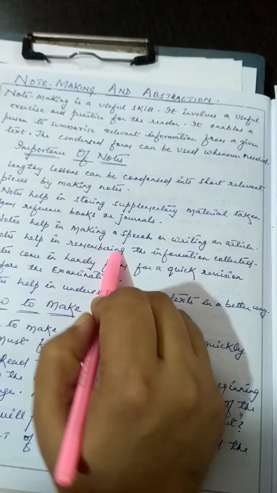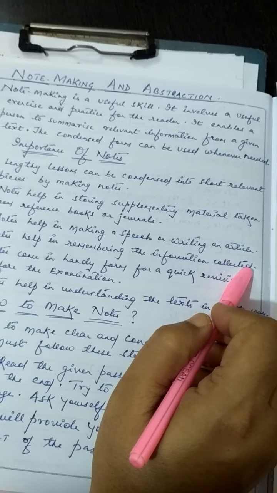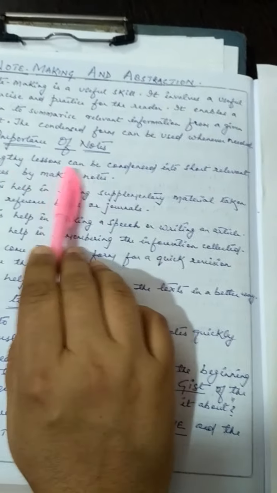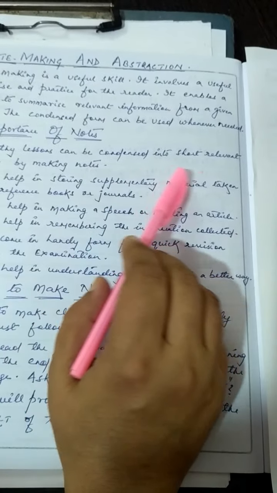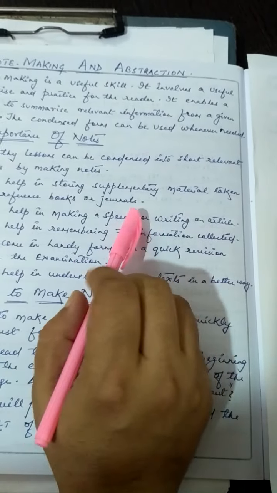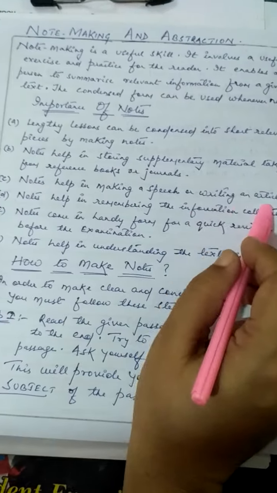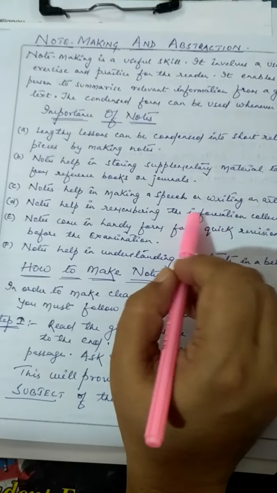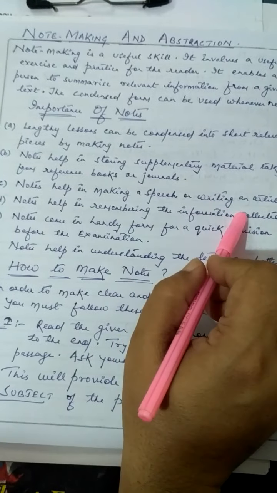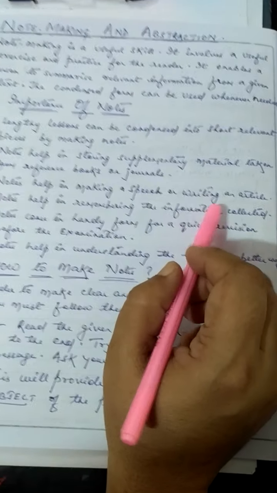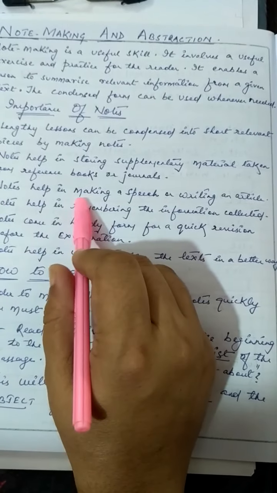Notes help in remembering the information collected. Now, according to the first point, as we have told about lengthy lessons, lengthy chapters, articles, speeches, each and everything. Now, you have collected some information from your supplementary material, from your books, from your articles, from the net, and each and every part. Okay. Now, notes help in remembering.